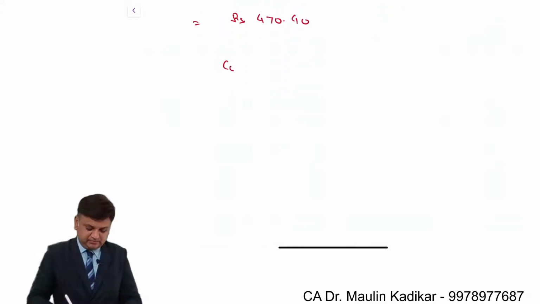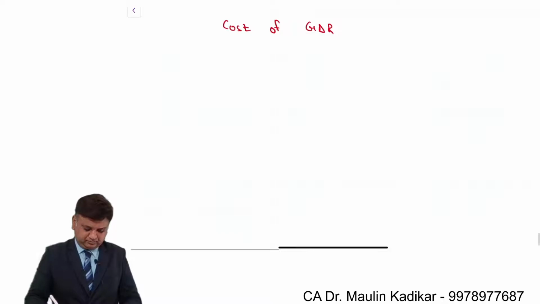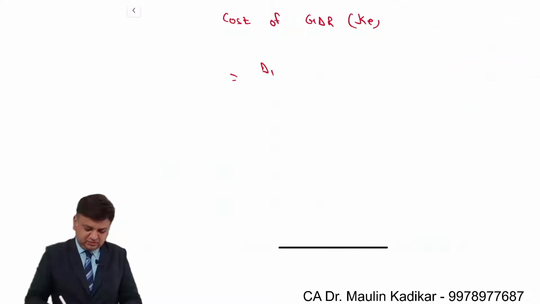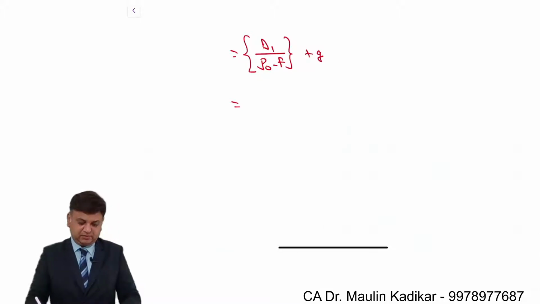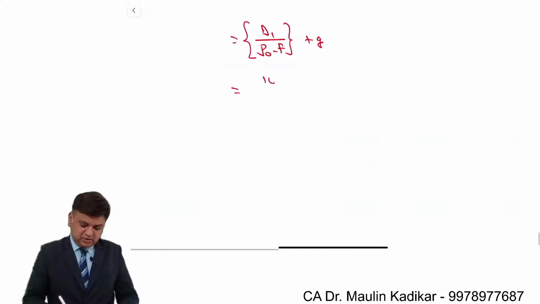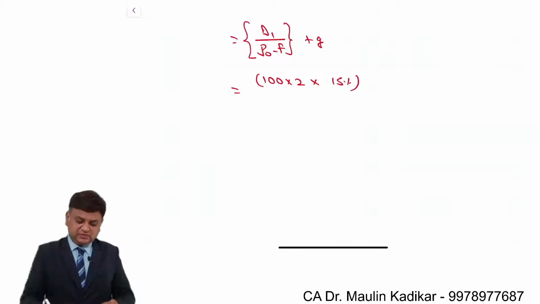Next is cost of GDR. In bracket K, it is D1 divided by P0 minus flotation cost, plus growth rate. Dividend is 100 rupees into 2 into 15%. Dear students, into 2. Why? Because 1 GDR is equal to 2 equity shares.